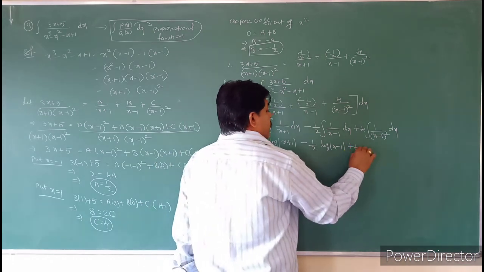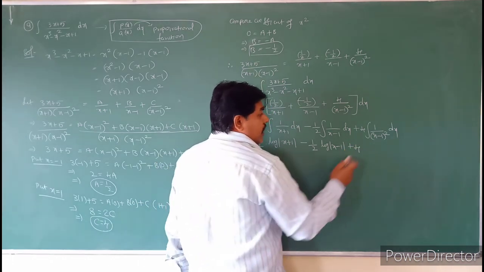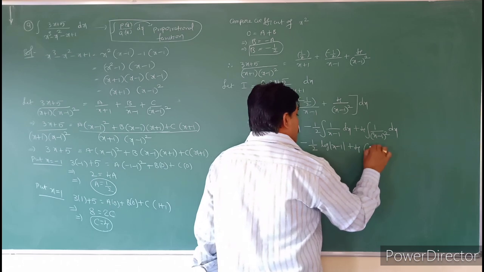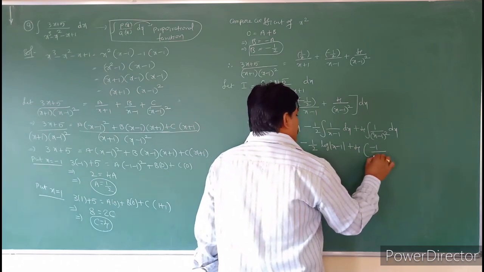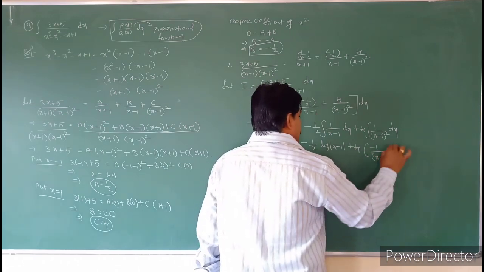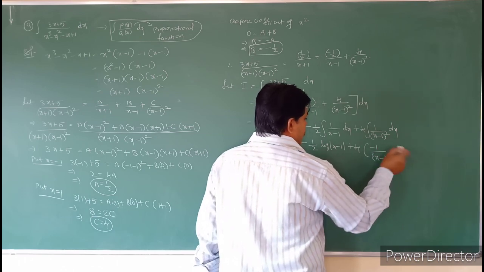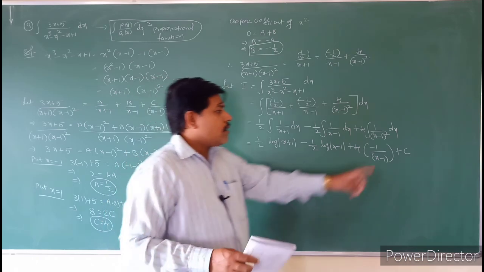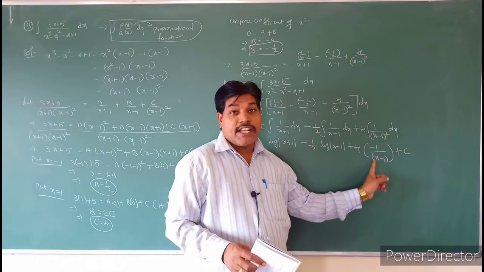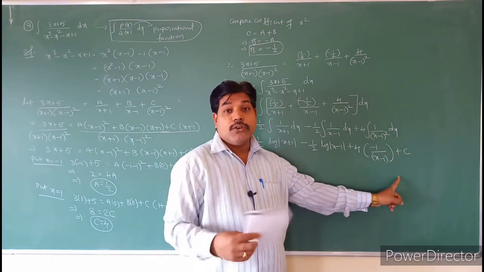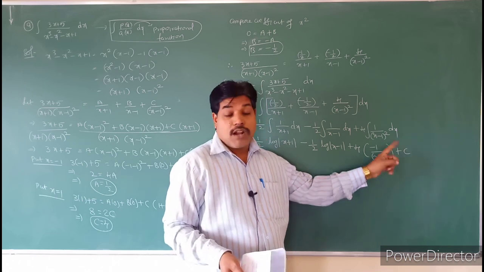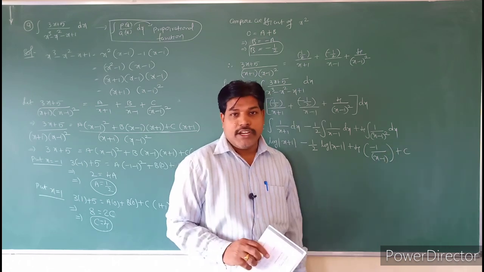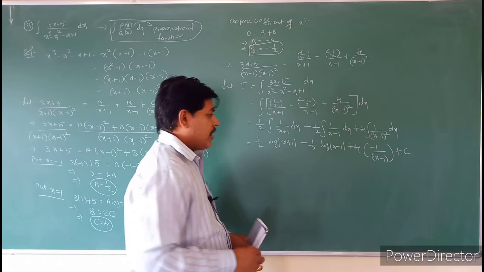Plus 4 into the integral of 1 by (ax plus b) whole square is minus 1 by (ax plus b) into the derivative, which is 1, so there is no need to write. So that is minus 1 by (x minus 1).